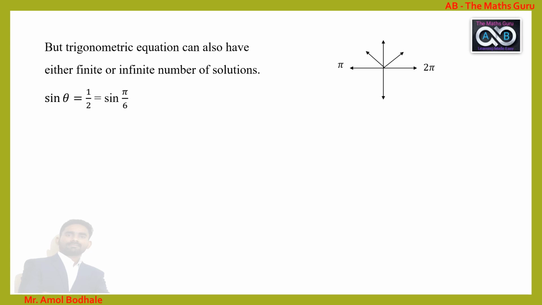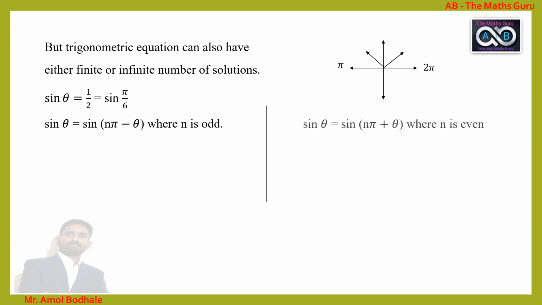That means the angles from first quadrant can be written as 2 pi plus theta, and the angles which are in second quadrant can be written as pi minus theta. So here sin theta equal to sin of n pi minus theta when n is odd, and sin theta equal to sin of n pi plus theta when n is even.